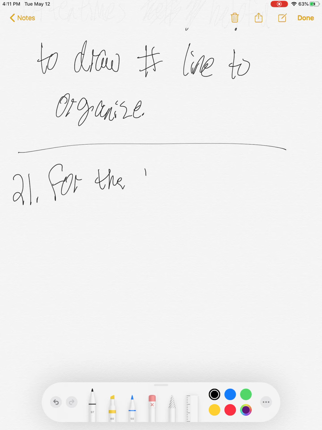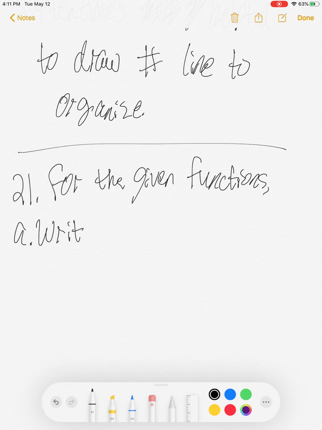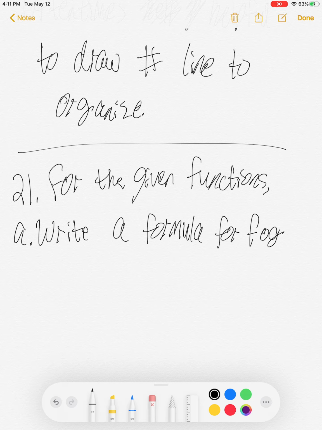So for the given functions, A, we're told to write a formula for f composed with g. Okay, we'll review kind of what that means in a second.